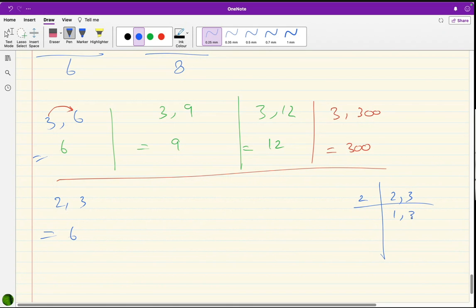So 2 and 3 is 6. LCM of 2 and 5 is 10. LCM of 2 and 7 is 14, not going in each other's table. So 14.